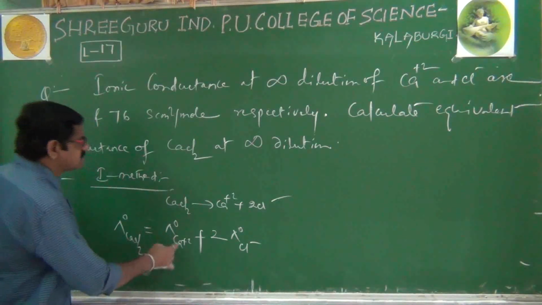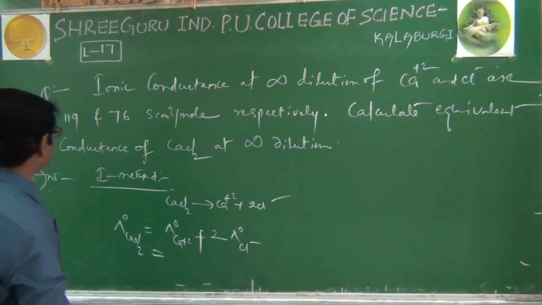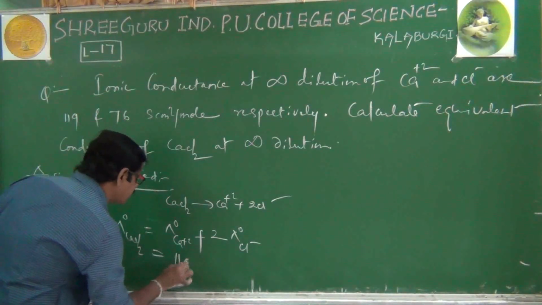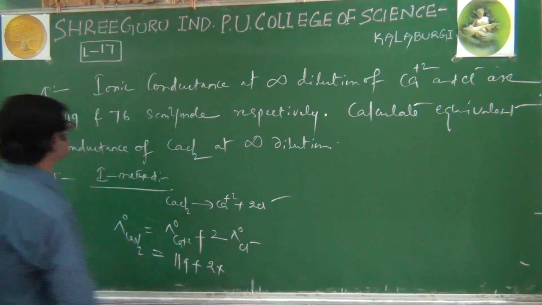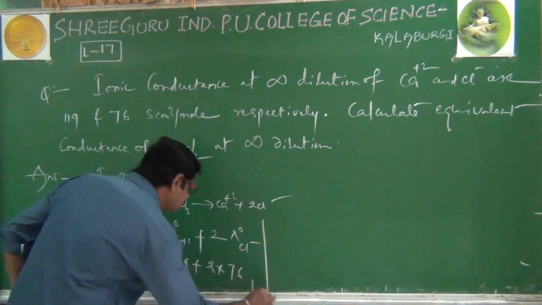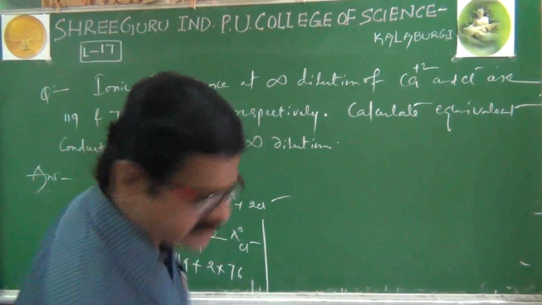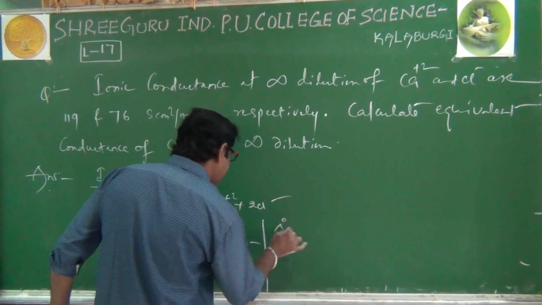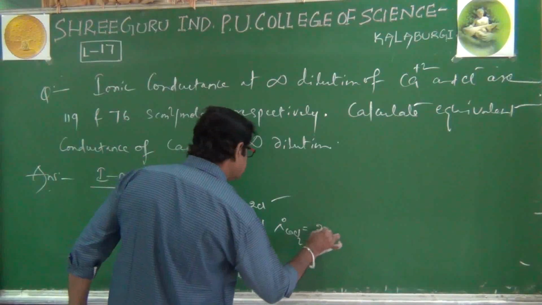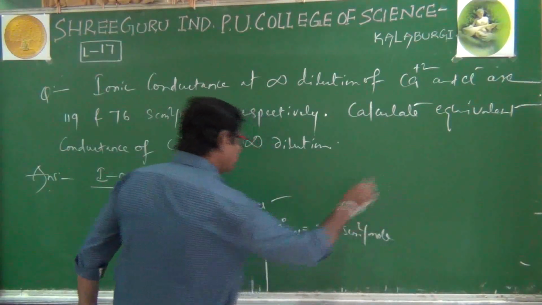That is equal to Ca plus 2 ionic conductance, nothing but molar conductance value, 119, plus 2 into Cl minus value 76, and if you do the simplification, you will get 271. Lambda naught calcium chloride is equal to 271 Siemens centimeter square per mole.